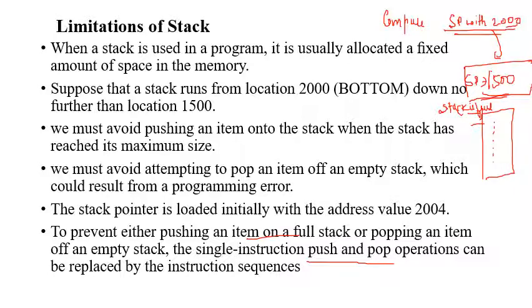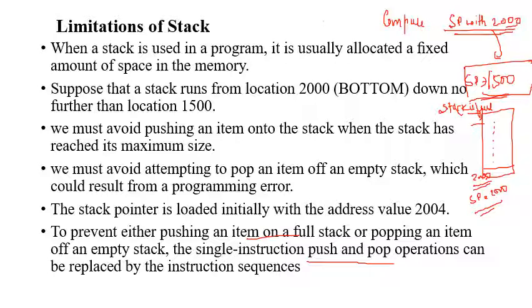Whereas if you compare it with 2000, 2000 is the bottom. If the stack pointer equates to 2000, that indicates that the stack is empty. So in this case, when you compare the stack pointer with 2000, you need to generate an error message saying that the stack is empty.